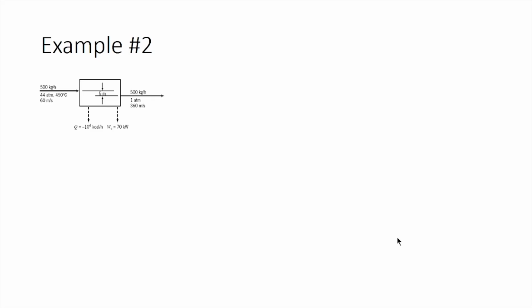Similarly, we can calculate the change in potential energy, delta Ep dot, which would basically be m dot g times (z out minus z in). Here there is a drop of 5 meters, which means z out is 5 meters below z in, so you have negative 5 meters as the change in height.